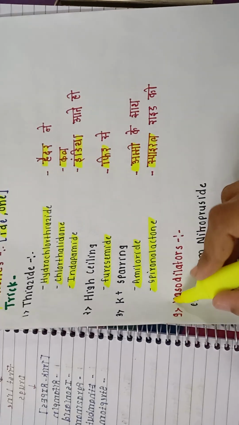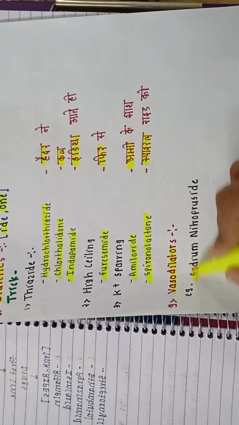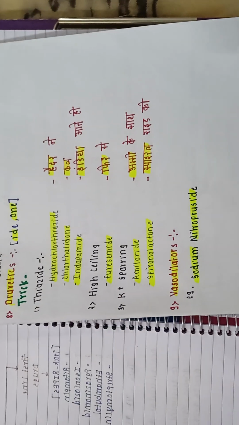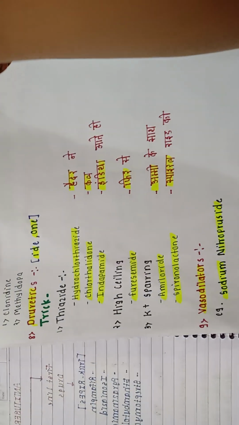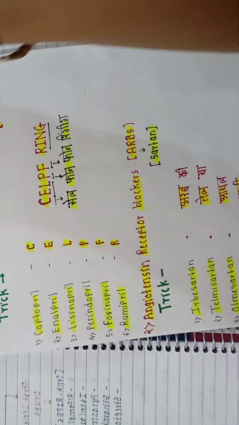And the last class is the vasodilators. The example is sodium nitroprusside. This is the trick for all the antihypertensive drugs.